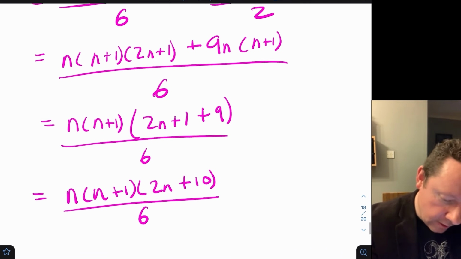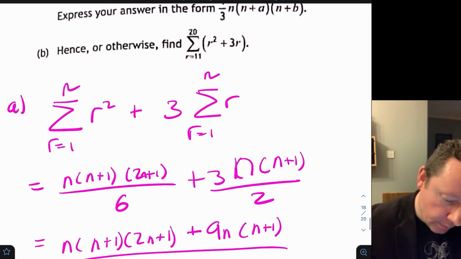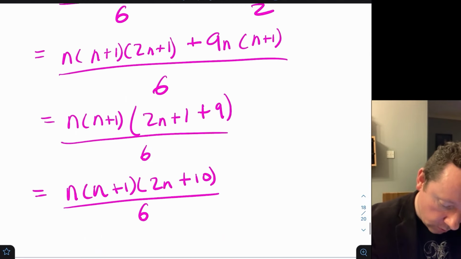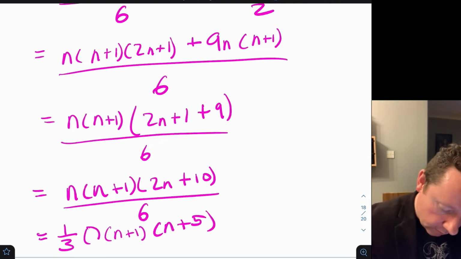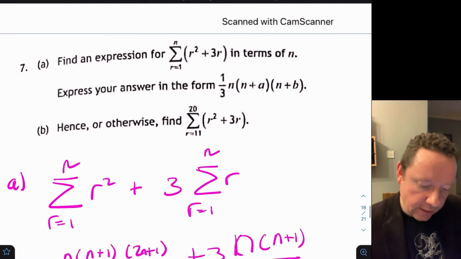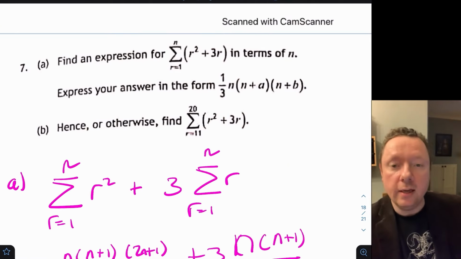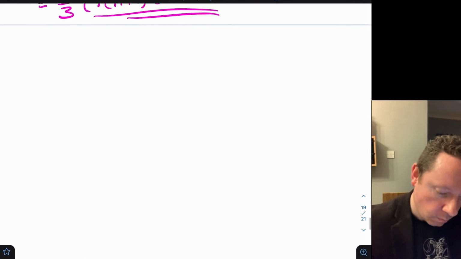And it says leave it divided by 3 or a third. So I want to take a third out, n plus 1. So I've divided the bottom by 2, so I can divide the top by 2 to get n plus 5. And we're done there. Part B says, hence find the sum of r equals 11 to 20 of r squared plus 3r.